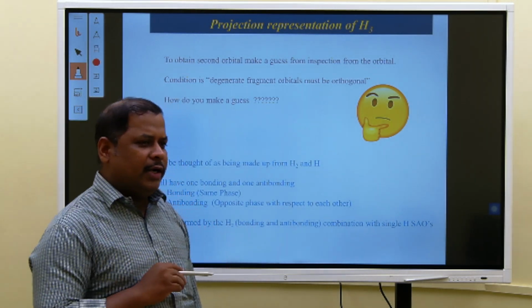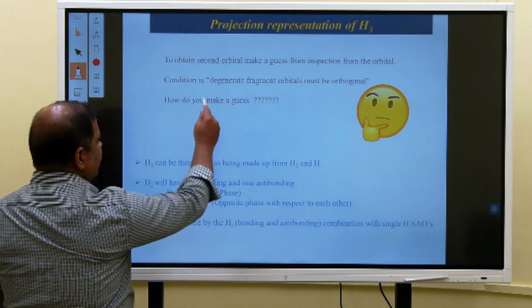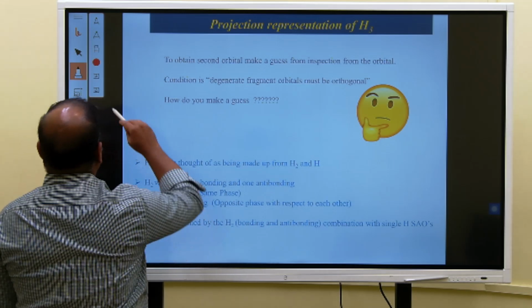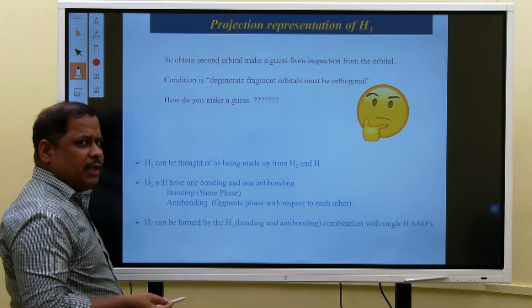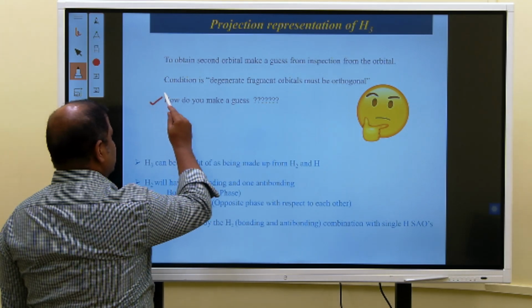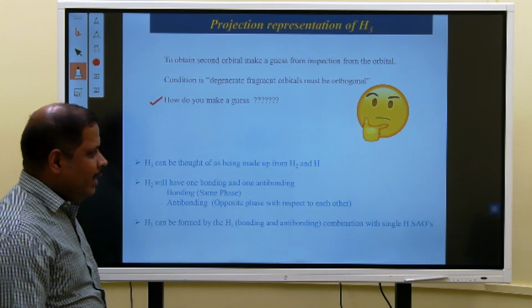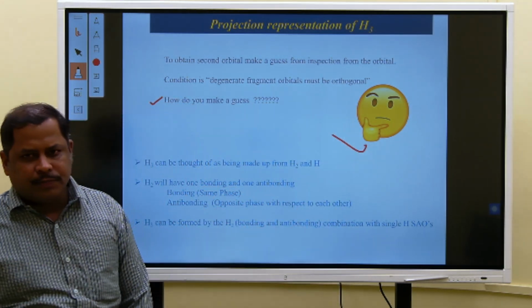Okay, but the basic thing is that E prime should have doubly degenerate orbitals. Till now we have found only one equation, right? The same thing I have mentioned here. See, the fragment orbitals are degenerate and the number of orbitals should be 2, right? And you have found the equation for only one. So now the question is, what is the next, right? That's why I have put this smiley over here, to think about it, right?